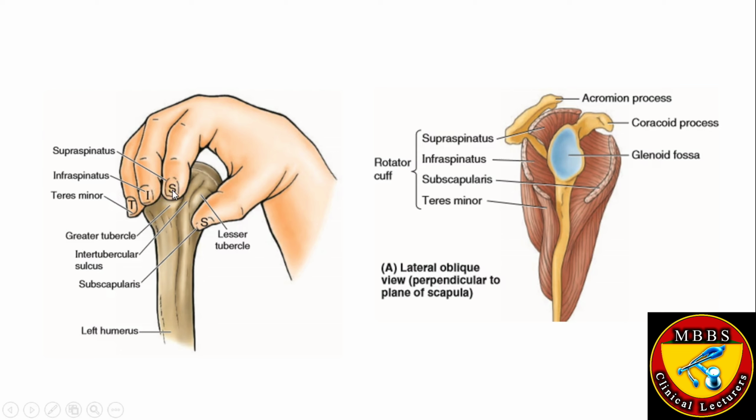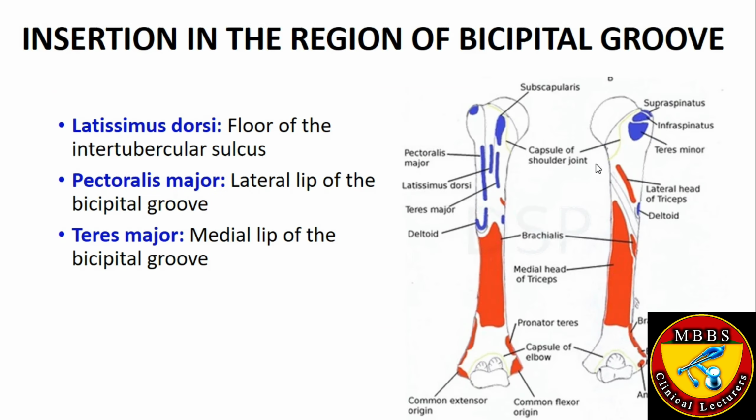So supraspinatus, infraspinatus, teres minor on the greater tubercle, and subscapularis on the lesser tubercle. Here in this diagram you can see how they hold these structures and provide strength to the shoulder joint.